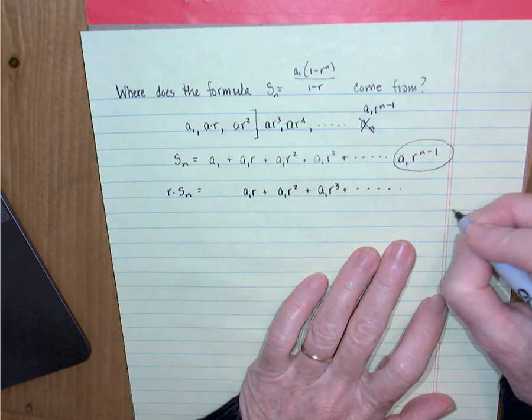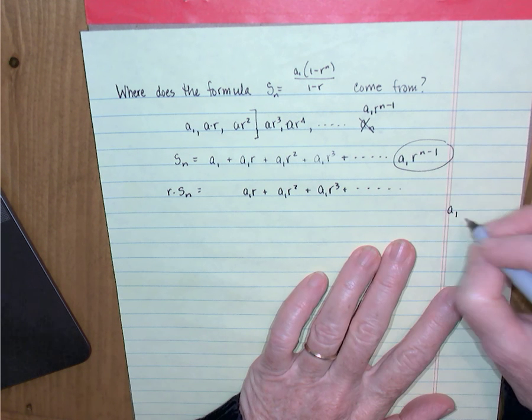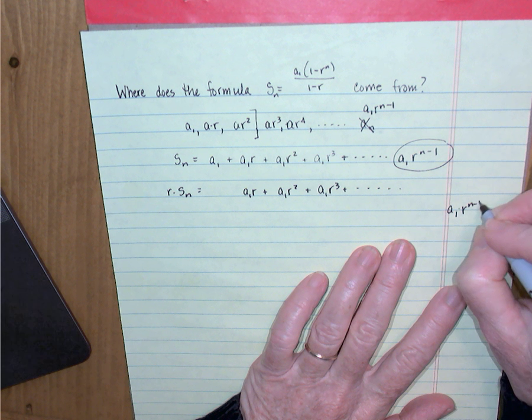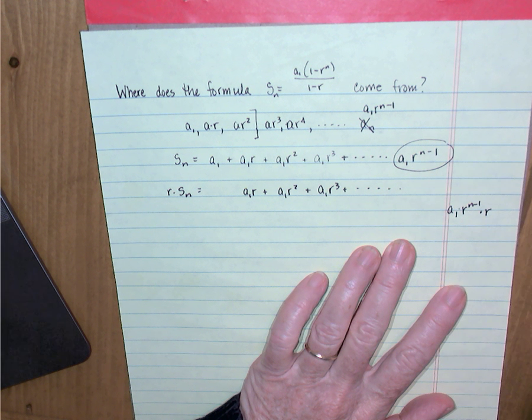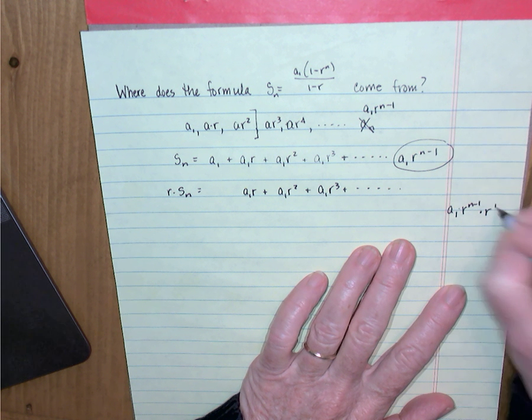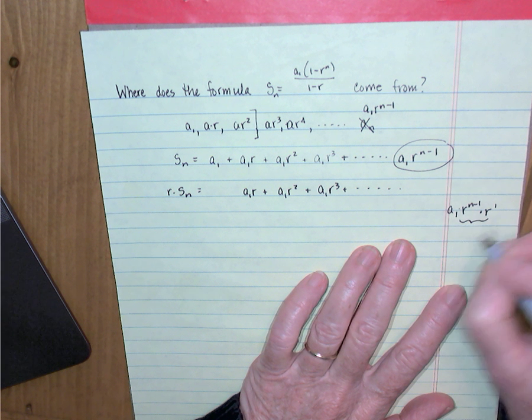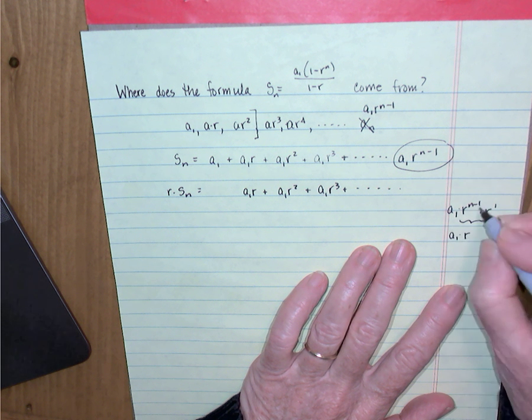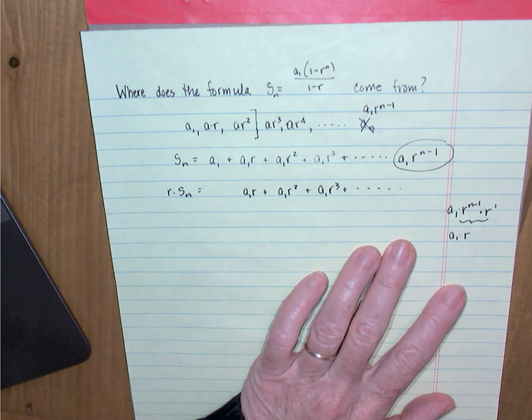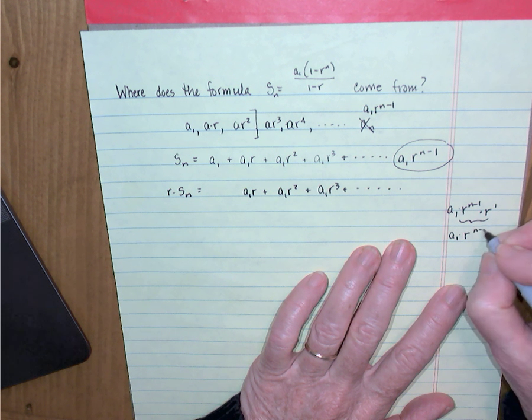I'm going to have a sub 1 times r to the n minus 1 times r. And the exponent on r right now is 1. There's nothing there, so I'm going to assume it's 1. And you know from all the algebra you've done that when you have the same base, you're going to keep the base and you're going to add the exponents. So you're going to have n minus 1 plus 1.